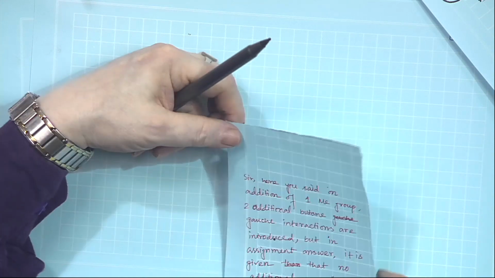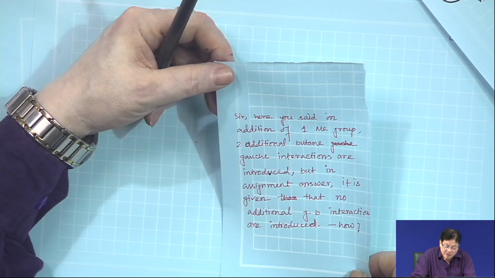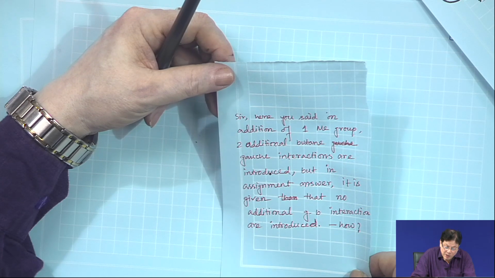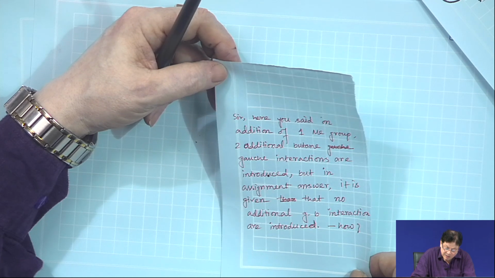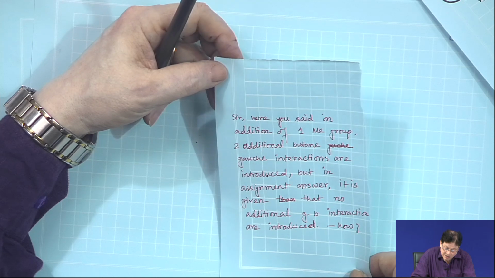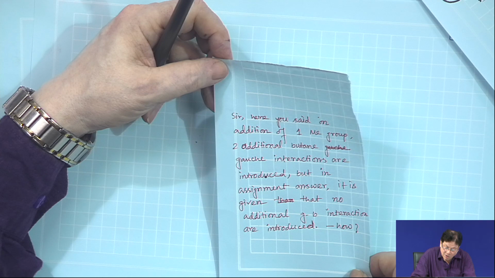We have just received a question. Here you said that on addition of one methyl group, additional butane gauche interactions are introduced, but in the assignment answer it is given that no additional gauche butane interaction is introduced. How?